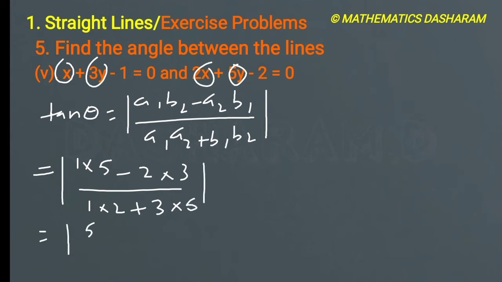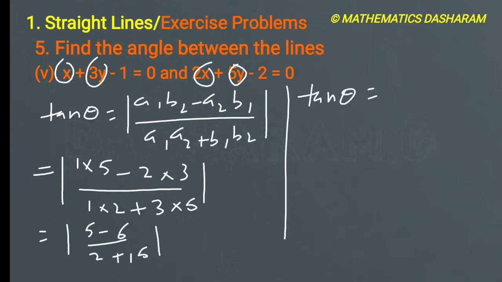So 1 into 5 is 5, minus 3 into 2 is 6, divided by 1 into 2, which is 2, plus 3 into 5, which is 15. So tan theta equals (5 - 6) which is -1, divided by 2 + 15 which is 17.